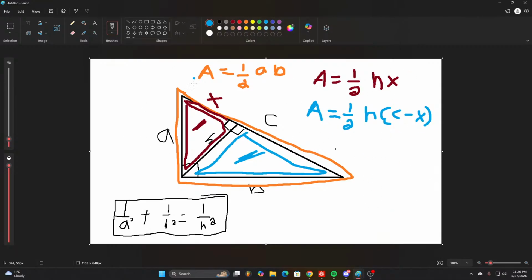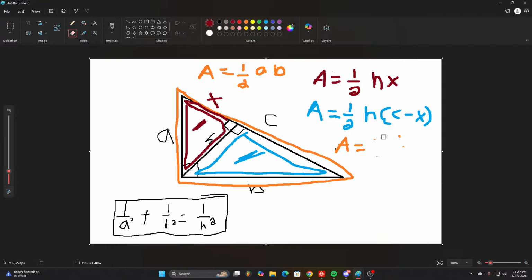Now, what we can say is that the area of the big triangle is equal to 1/2 AB, right? But more importantly, it is the areas of the small triangles added together.